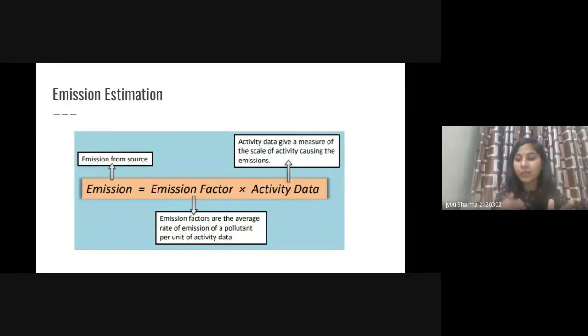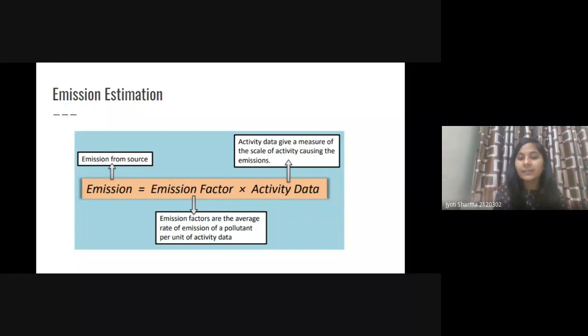For example, if you have thousands of cars, then you will multiply with that scale factor. So emission factor is nothing but the average rate of the emission of a pollutant per unit of activity data. For example, for one car, how much pollutant is emitted from the source, and if we have thousands of such cars, then we will multiply it. So this is the emission factor.